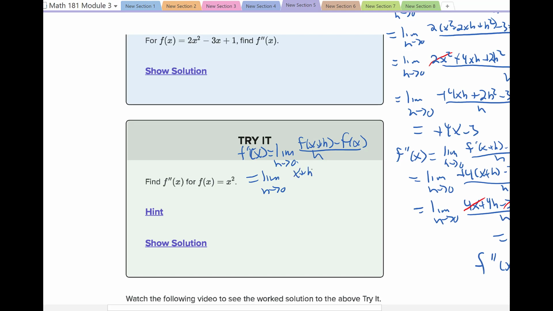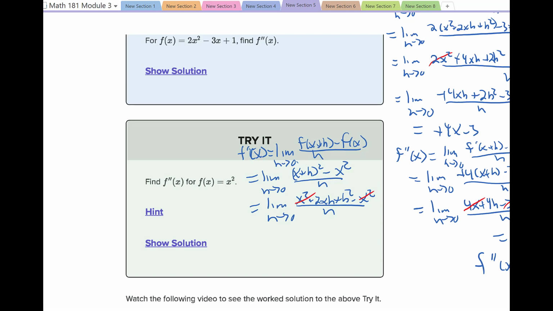x plus h squared minus x squared over h. So it's going to be x squared plus 2xh plus h squared minus x squared all over h. The x squareds go away.